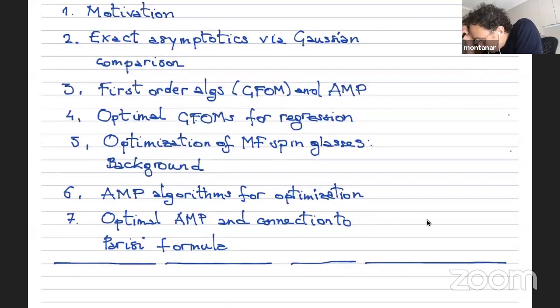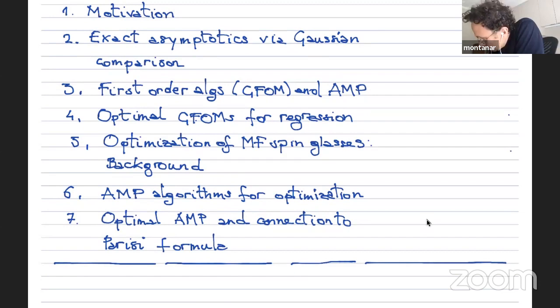Then pass to algorithms, in particular first order methods, and a special first order method called approximate message passing, and how to get an optimal first order method for regression problems using this technology.